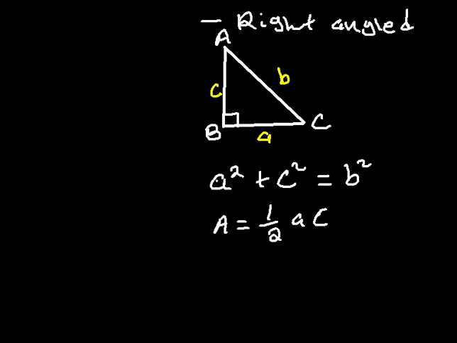And apart from the use of the Pythagoras theorem and the formula for calculating the area of a right-angled triangle, the internal angles of a right-angled triangle and also the sides are expressed by what we call trigonometry part 1. So in part 1, we discussed the concept of SOHCAHTOA.